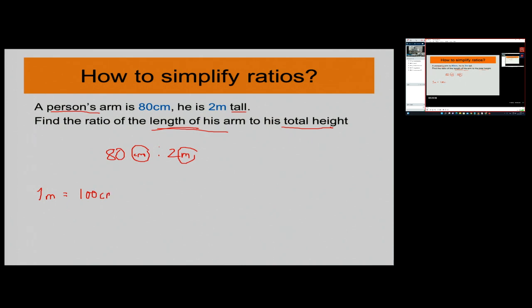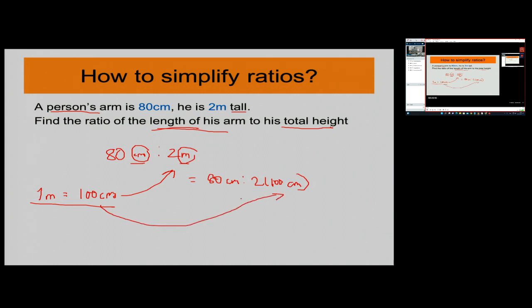And since you have this equivalence, you just need to convert it. If this is centimeter, we need to make this centimeter as well. So you will have here 80 centimeters is to 2 times 100 centimeters. Since 1 meter is 100 centimeters, that's why we make it like that.